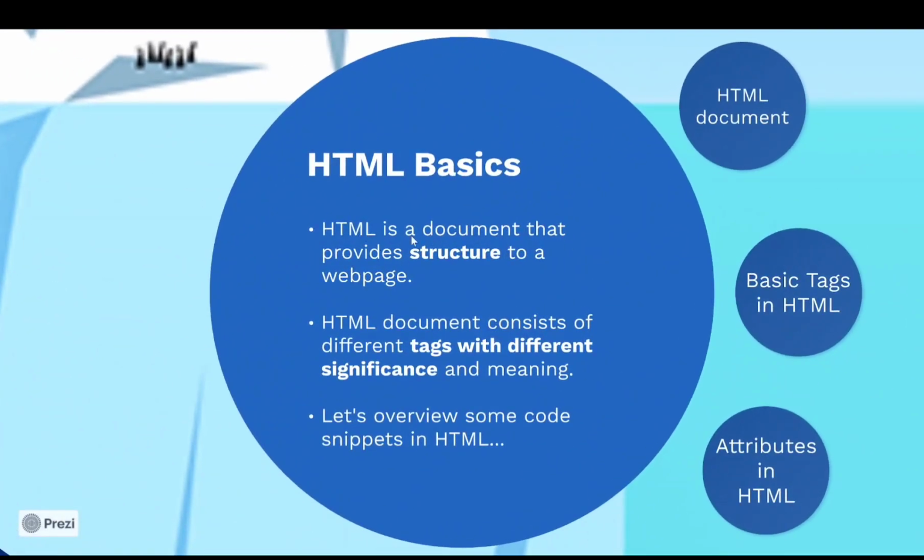So HTML is a document that provides structure to a web page. All right. So whatever code you write inside of HTML, the file should have an extension of .html. All right. And whatever document you write, whatever code you write, it is known as an HTML document. All right. Moving forward, an HTML document consists of different tags with different significance and meaning.